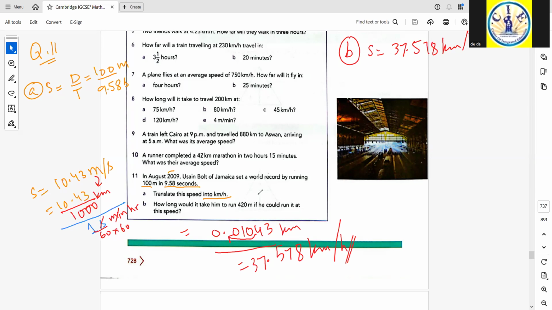In this case, since we are given the distance in meters, we would be using the given speed 10.43 meters per second.